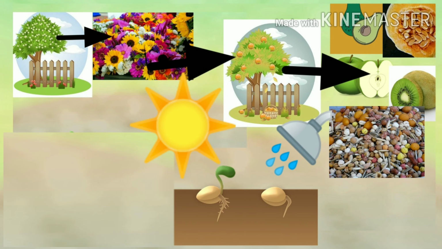Seeds grow into new plants. In short, seeds need air, water, soil and sun to grow into a new plant.